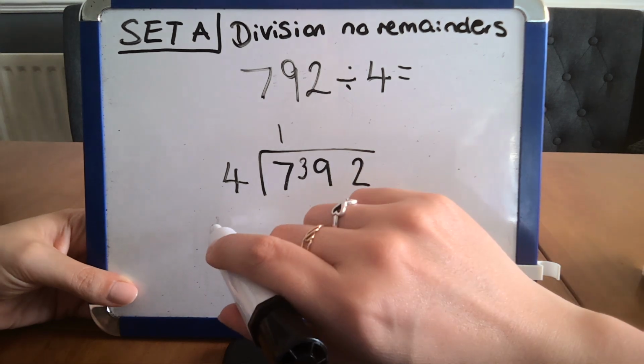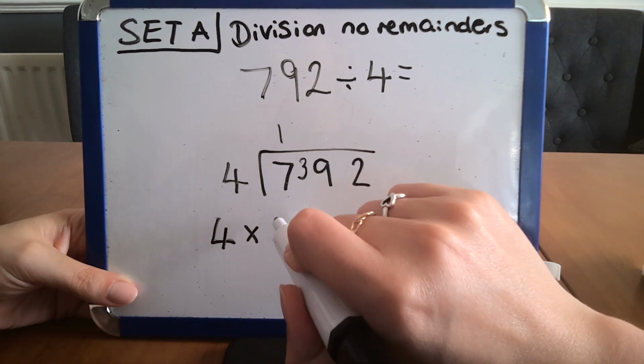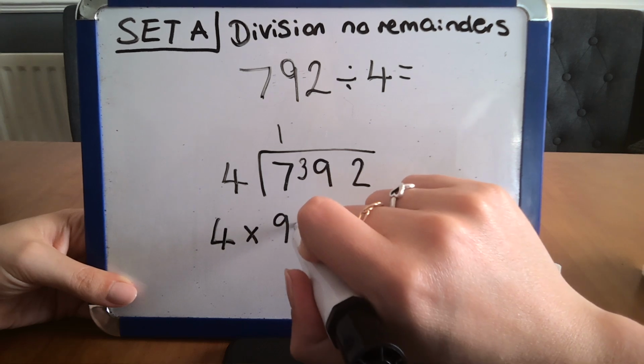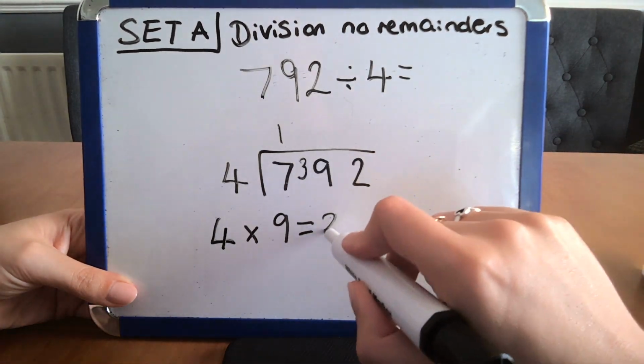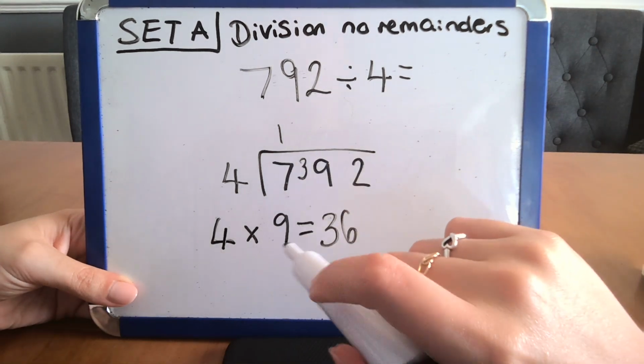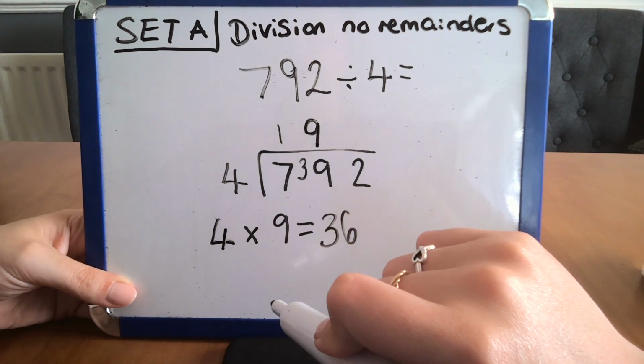So I know that 4 times 9 equals 36. So our 9 goes there.